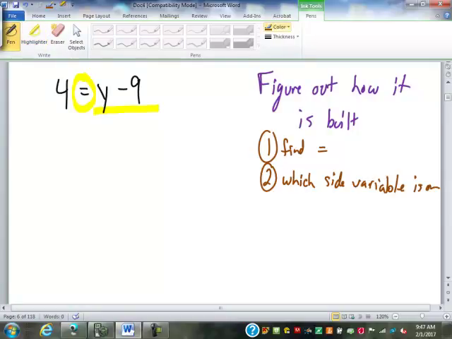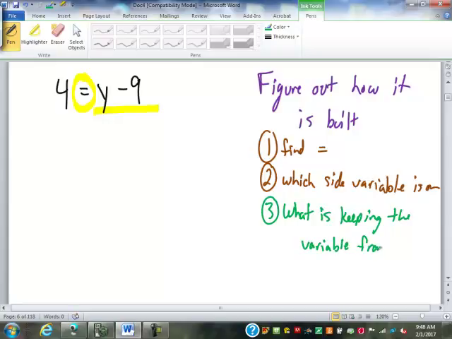Now that we've done that, we have to ask ourselves, what is keeping the variable from being alone? In other words, what's keeping the variable from being by itself on that side of the equation? Well, here it's the 9.